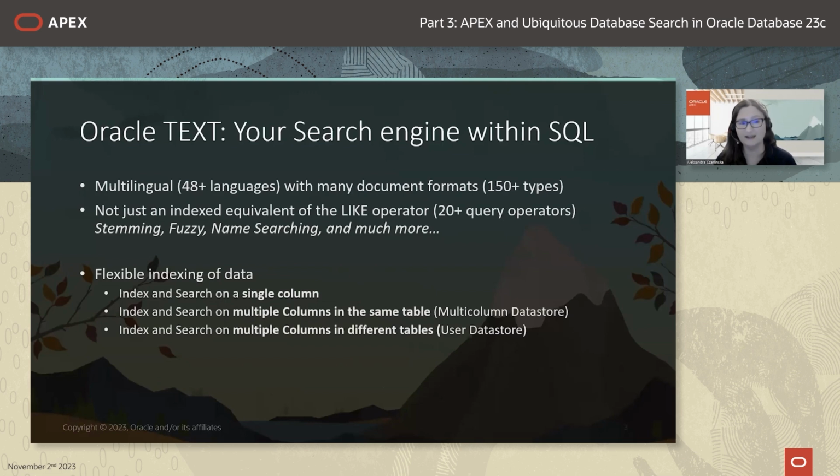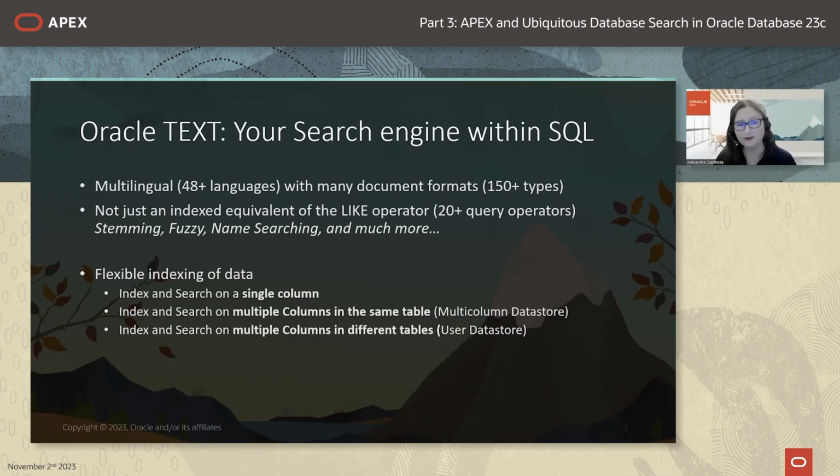Oracle Text is more than just a like operator for your searches. As we've been hinting at, it comes with a variety of query operators, such as stemming and fuzzy and name search. And these are all algorithms that are specialized for imprecise searches where maybe you don't know the spelling or something's been misspelled and you want to be able to find this.